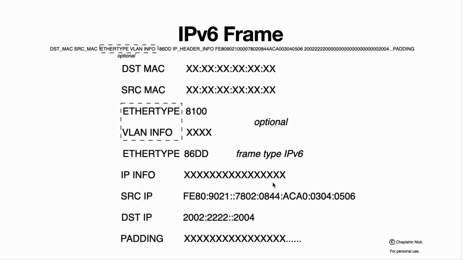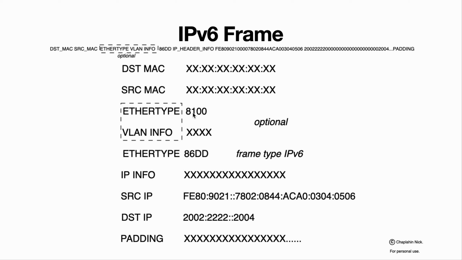It has IP info in the IP header. The structure of the IPv6 header differs from the IPv4 header. So in case you are verifying networking functions that depend on information stored in the header, check the structure of the header in the specifications first.